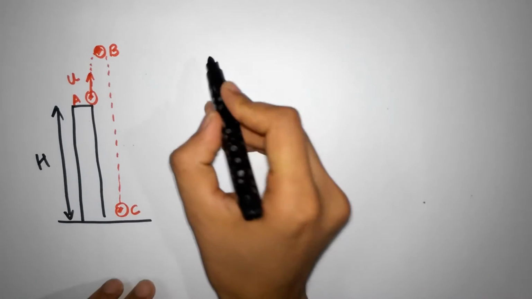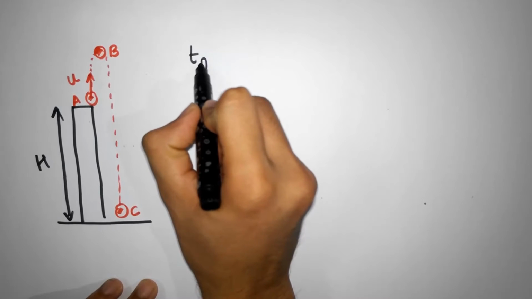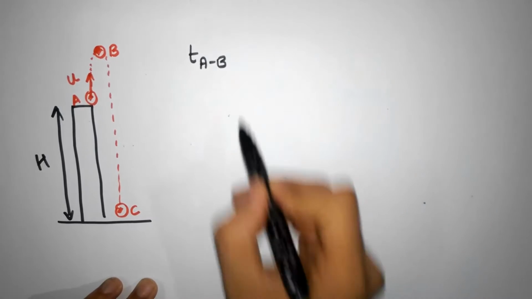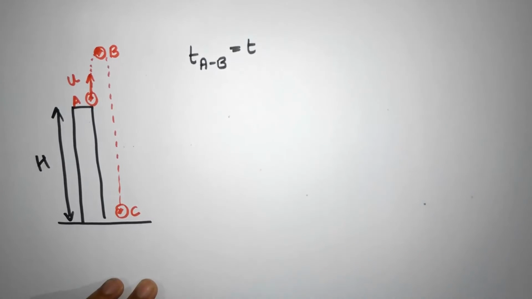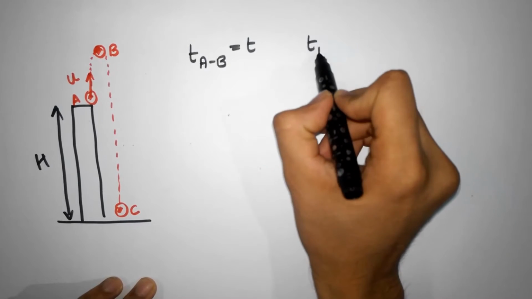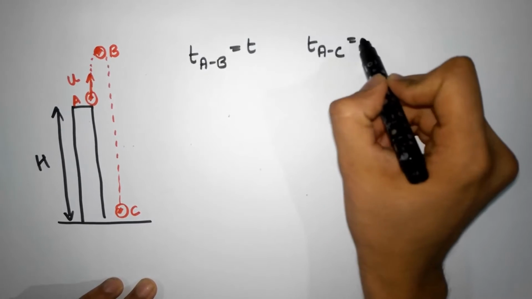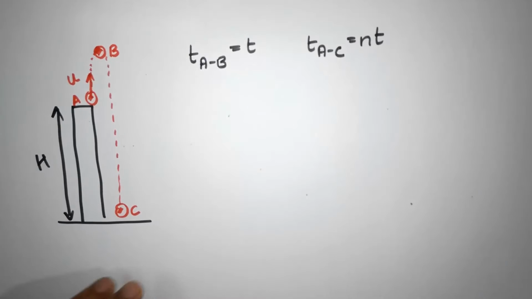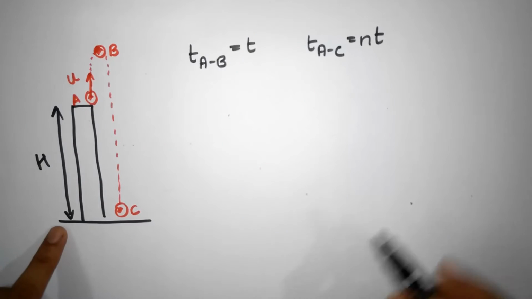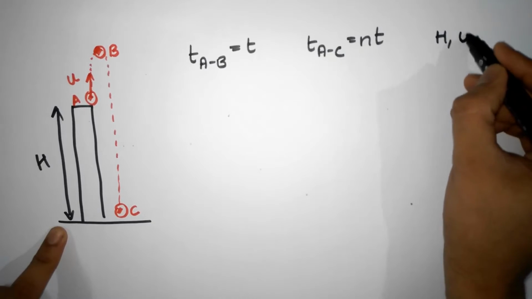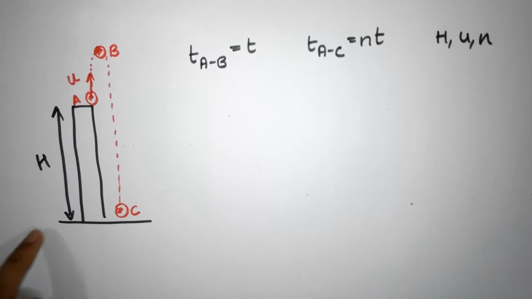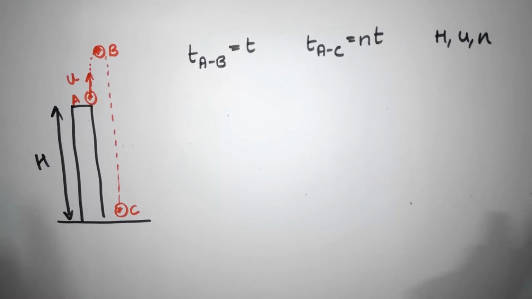So time taken to go from A to B, if we call that t, then time taken to go from A to C is given as n times t. And we have to find an expression that connects h, u, and n. Probably there's going to be g in there.